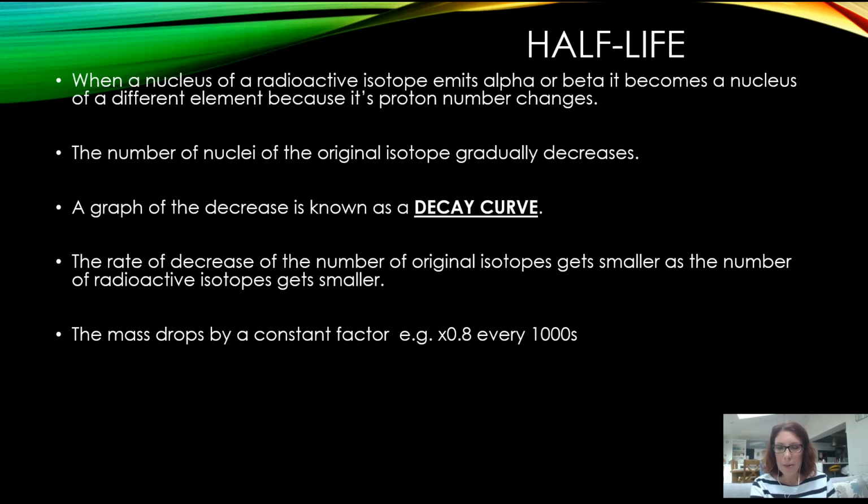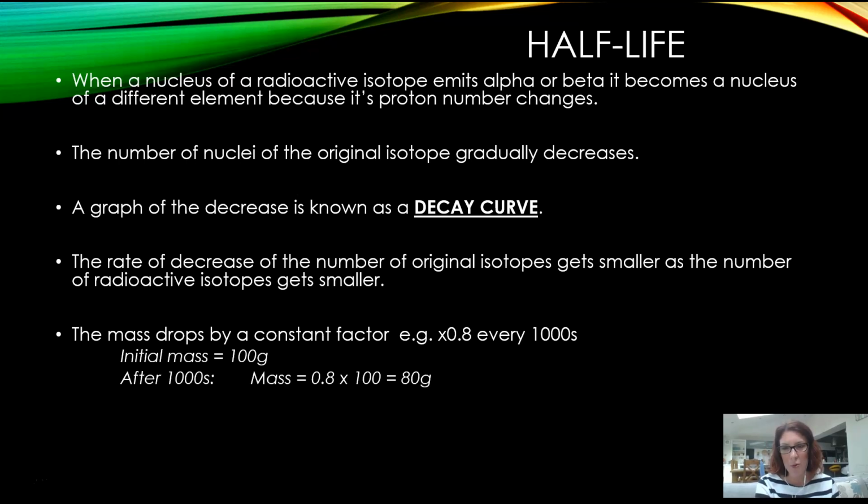So an example of this, which isn't half-life, is a mass dropping by a constant factor. In this case we're using 0.8. So let's say we've got an original isotope of mass m, and it drops by a factor of 0.8 in 1,000 seconds. So if the initial mass is 100 grams, after 1,000 seconds, 0.8 times 100 grams is 80 grams.